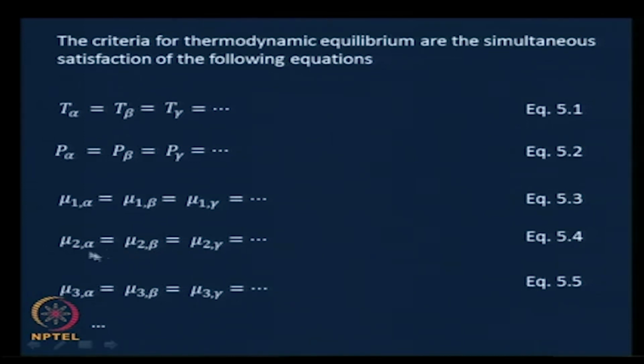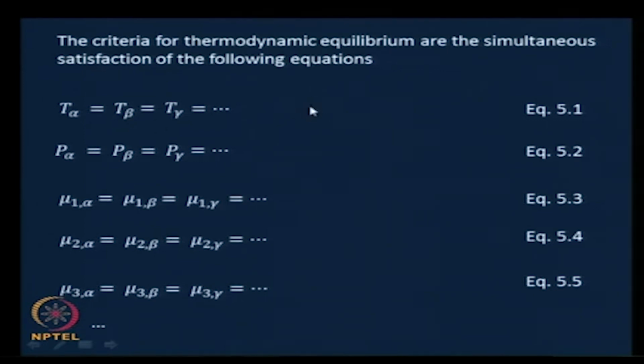And we can write one such equation for each of the species or components that are present. So, if there are C components, we will have C such equations. Not just that, we also saw that each one of these equations is actually a composite of pi minus 1 equations, if pi is the total number of phases.